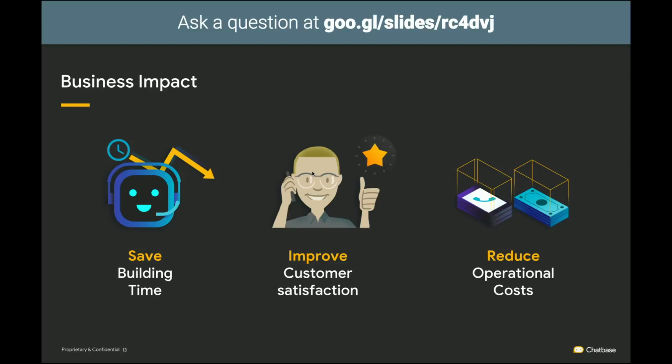Also, customers, once you have a very flexible and smart virtual agent, can call in and have a good customer experience and not be frustrated by a virtual agent that doesn't quite understand them. And then finally, obviously, there's the opportunity to reduce operational costs through this kind of automation.